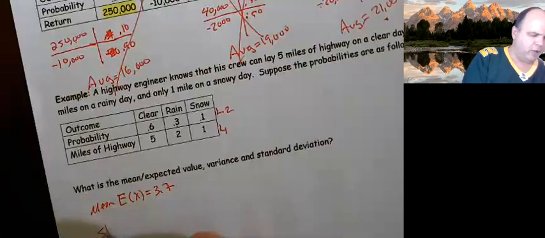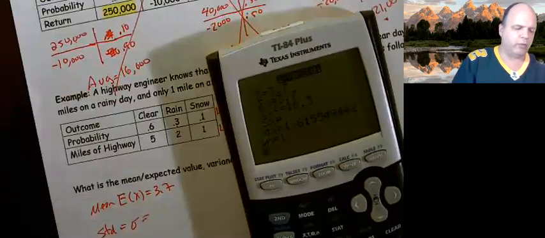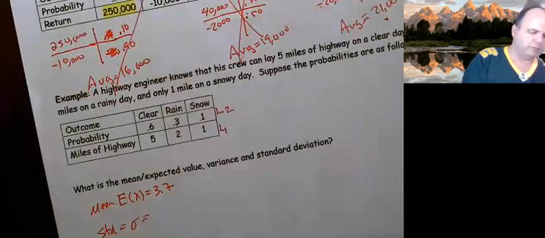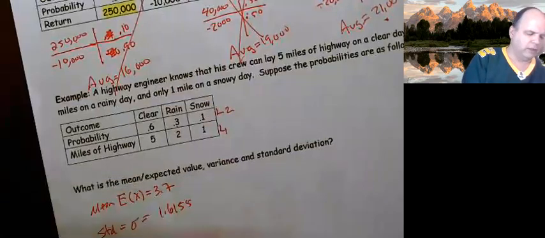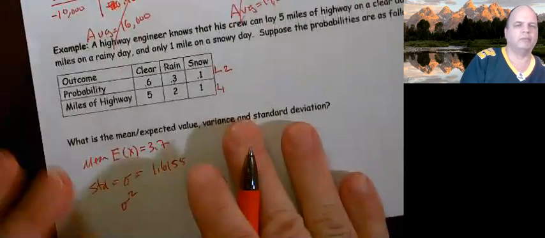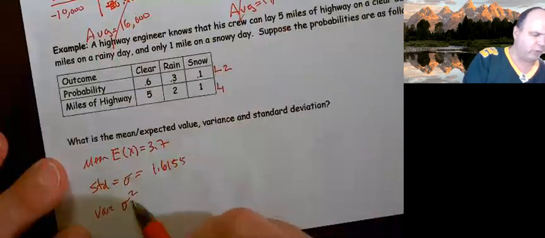Our standard deviation, and that symbol is this, ends up being 1.6155. And our variance is just this squared.